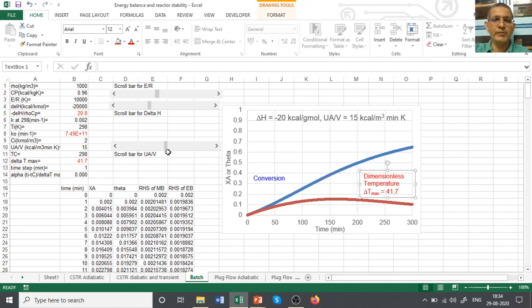Now what we'll do is we'll change the value of E by R, and we'll see how this changes, or we'll change the value of delta H and see how this changes, and we'll change the value of UA by V and see how this changes. So if I reduce UA by V, it means I am reducing the heat removal. So now temperature will go to a higher value.